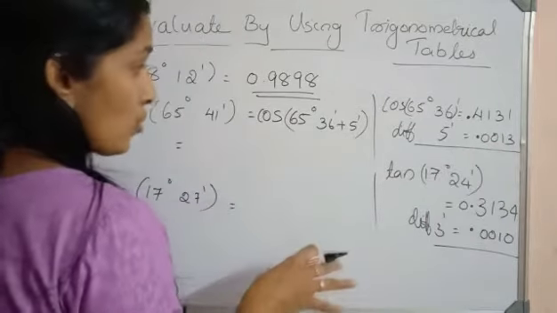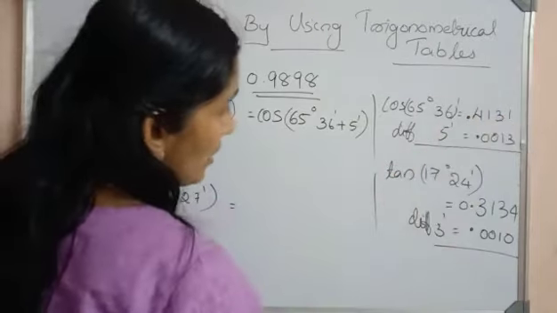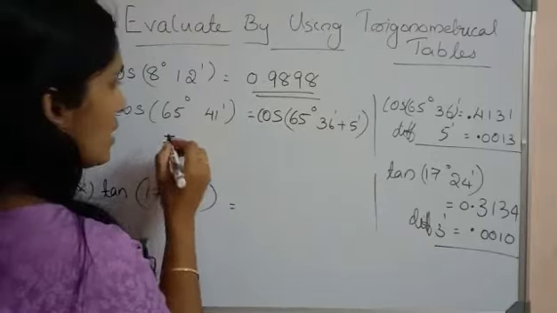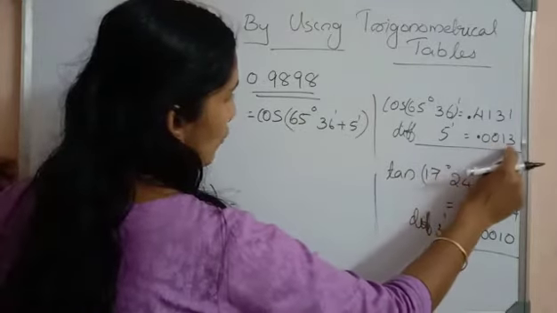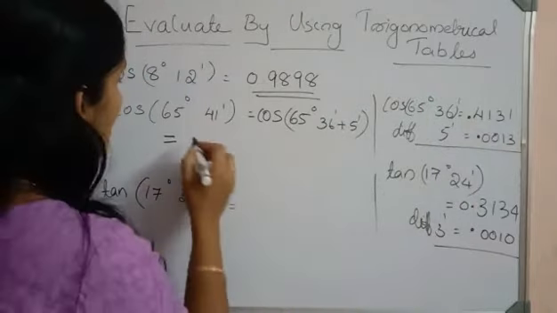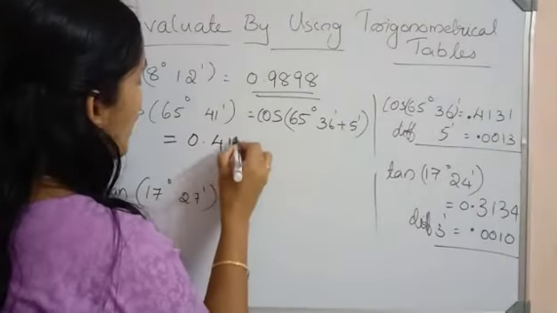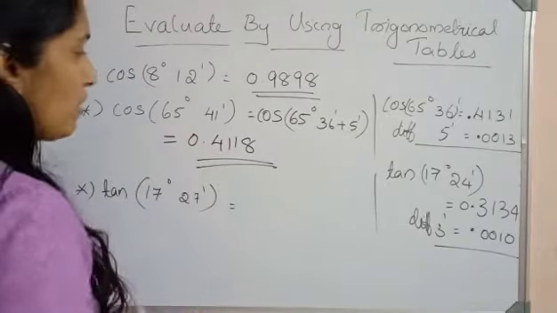In the case of cos, we have to subtract the difference from the value we have already found. You subtract 0.0013 from 0.4131 and get 0.4118. This is the value of cos 65 degree 41 minutes.